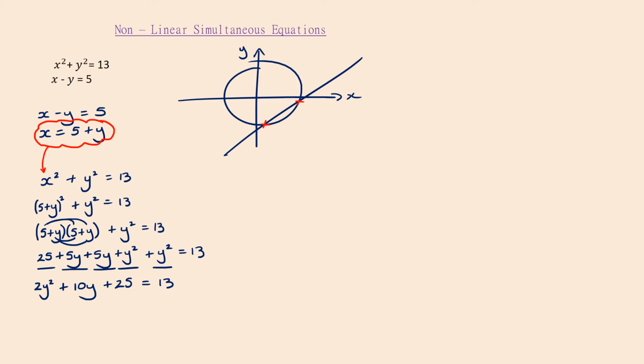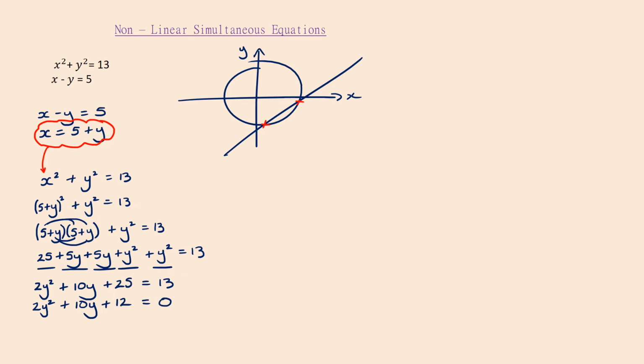Now we're left with a quadratic equation. When we want to solve these, it's really important that we set them equal to 0. So that 13 on the right hand side of our equation, we want to get rid of that and turn it into a 0. And the way we can do that is by subtracting 13 from both sides. So we're now going to get 2y squared plus 10y plus 12 equals 0.